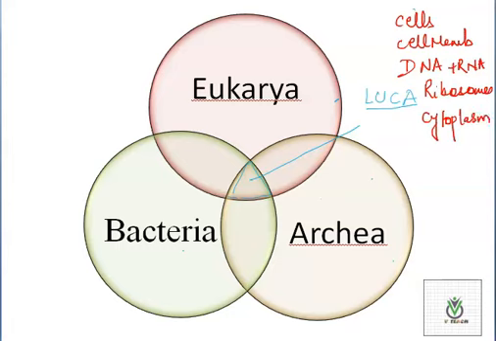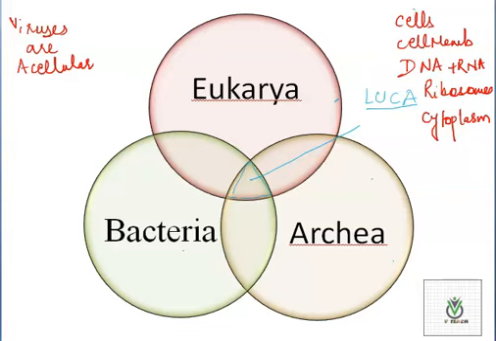Now these characteristic features are common in all the 3 groups of organisms, and that is why viruses have been excluded from this, because viruses are acellular structures. So they are not included in this group.